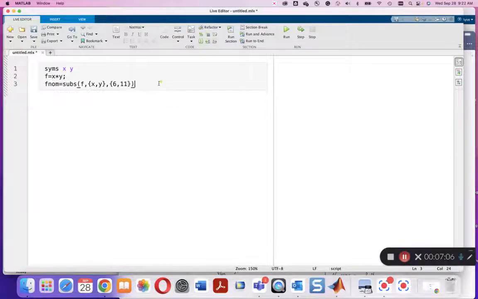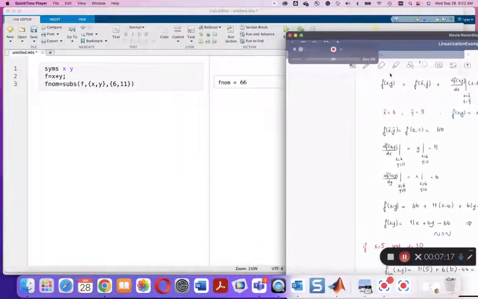So let's go ahead and calculate and see the result. The results will show up on the right part. Okay, the nominal value is 66, so let me check mine. I didn't make any mistakes, so it's really 66 as well.